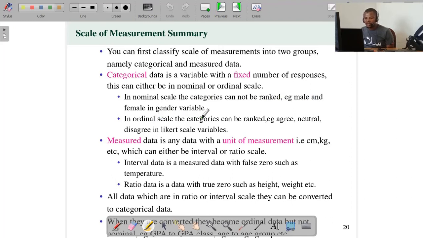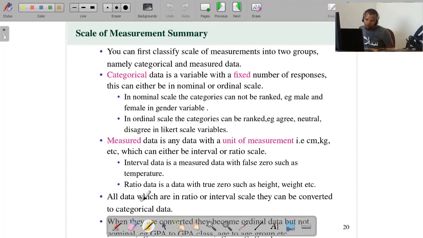In the ordinal scale, the categories can be ranked, such as agree, neutral, disagree, in Likert variables. Measured data is any data with a unit of measurement, such as centimeter, kilogram, and so on. Interval data is measured data with a false 0, such as temperature, while ratio data is data with a true 0, such as height, weight, and so on and so forth.